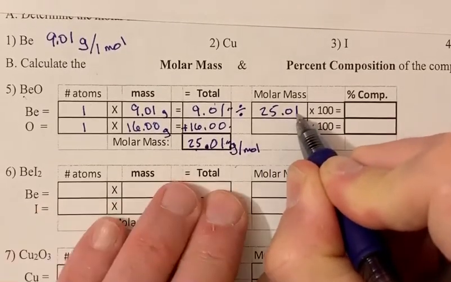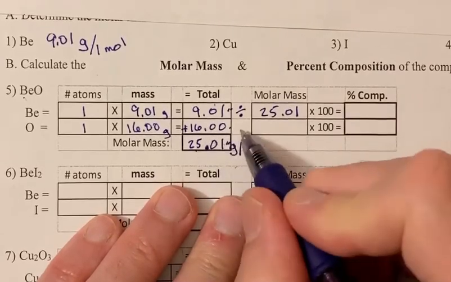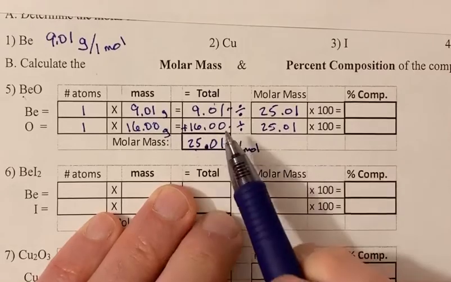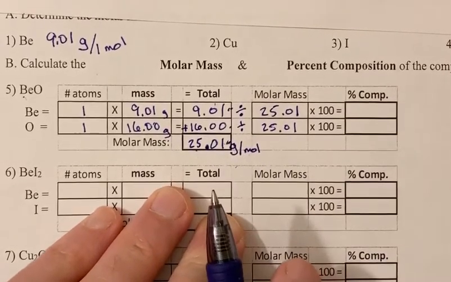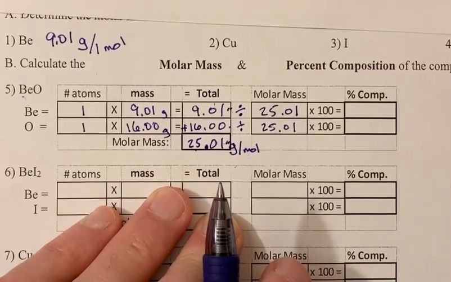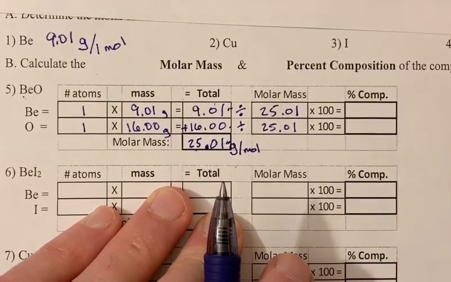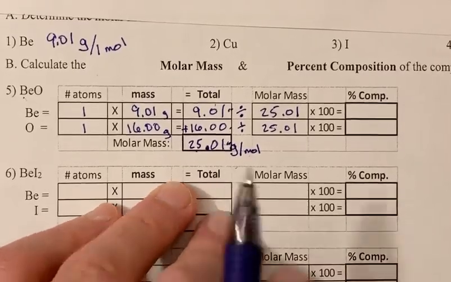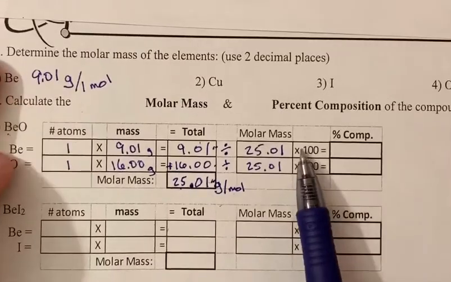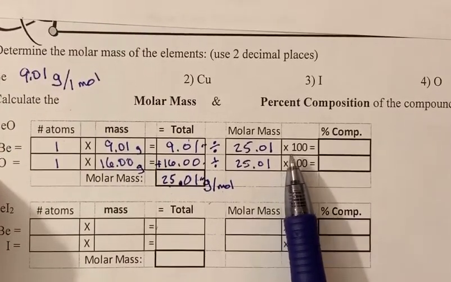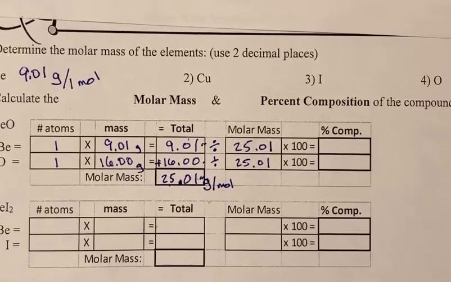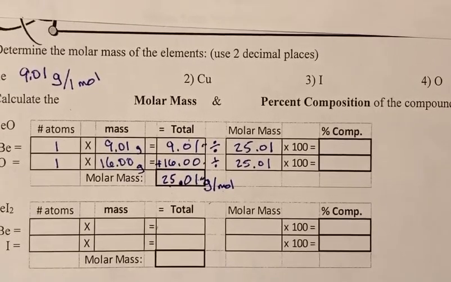25.01. And then 16 divided by 25.01. You divide them out. Obviously, got to use a calculator for this. Divided by 25.01. And then remember to multiply it times 100. Remember, you have to multiply anytime when you do a percent calculation. So we're going to multiply that times 100.